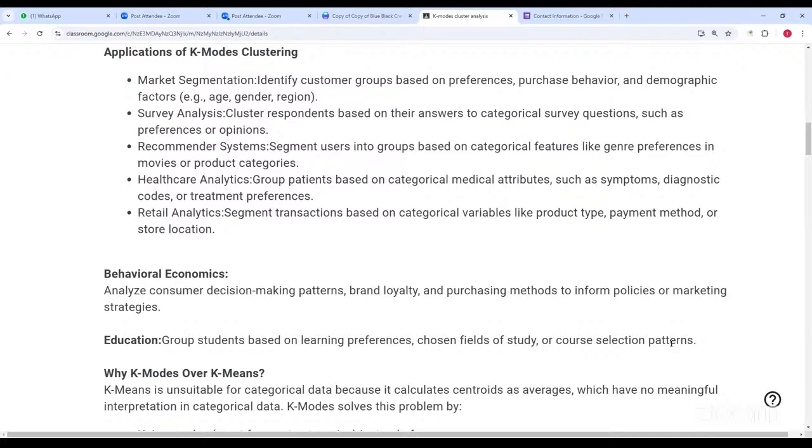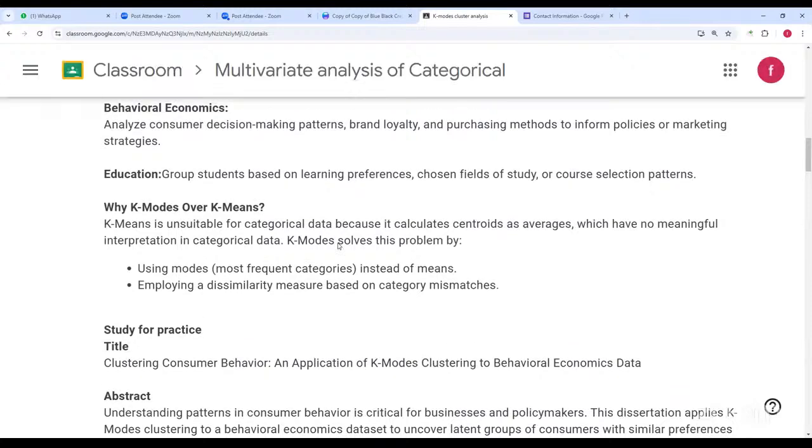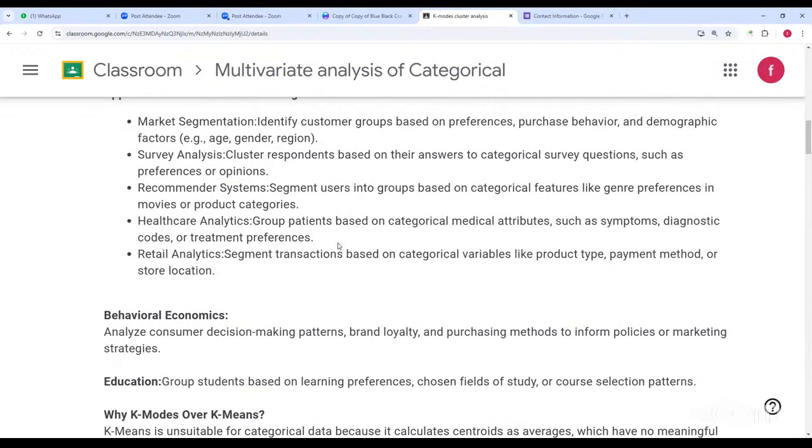Behavioral economics analyze consumer decision making patterns, brand loyalty, and purchasing methods to inform policies or marketing strategies. Education group students based on learning preferences, chosen field of study, or course selection patterns.